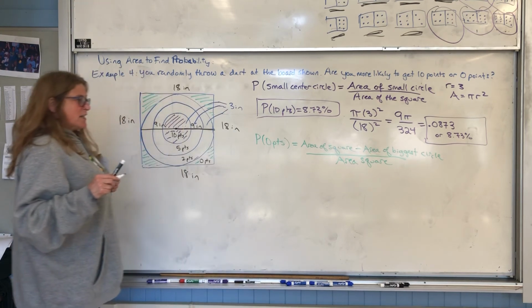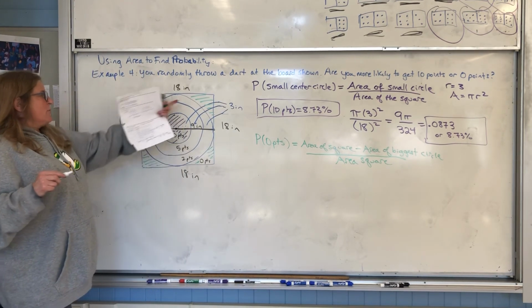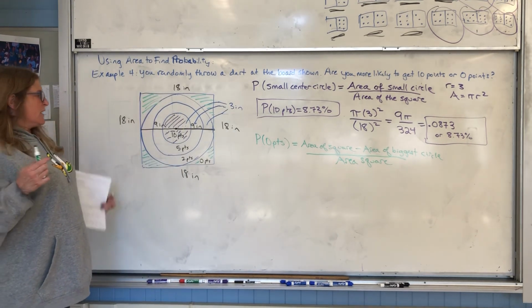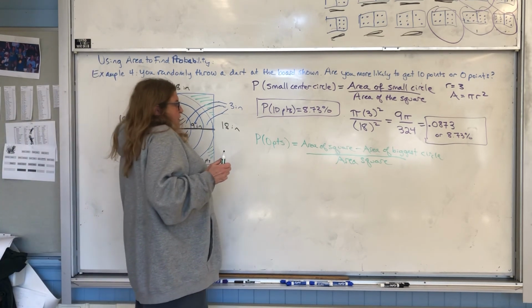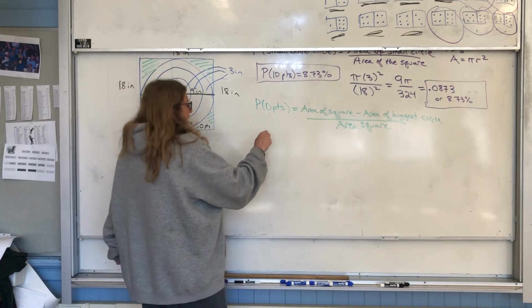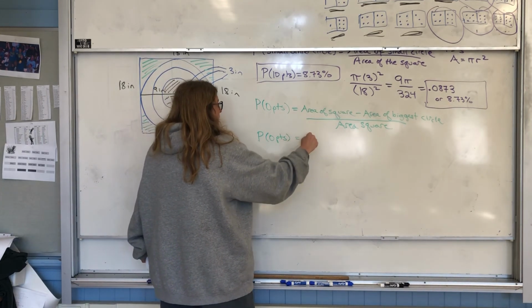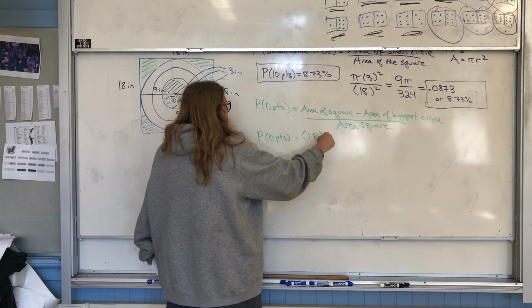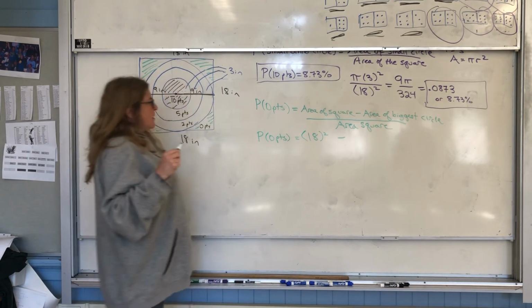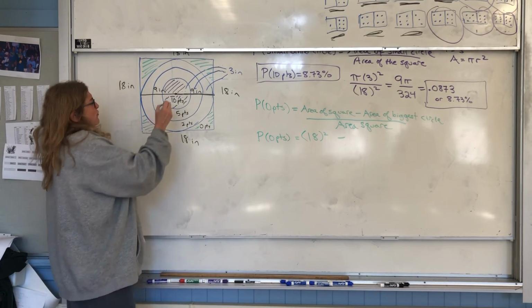This one's a little harder, because this green area is not a meaningful shape in geometry. Well, let's start doing this. We know that the area of the square is 18 squared. What's the area of the biggest circle? Well, look what we have here.